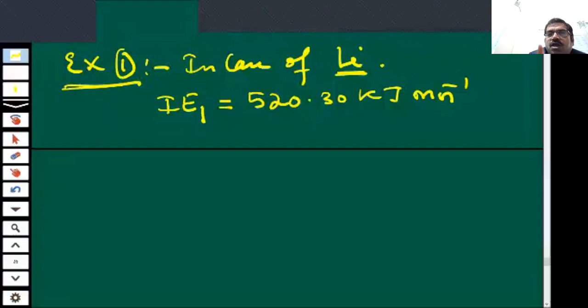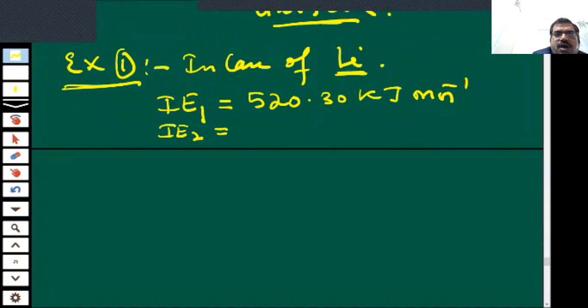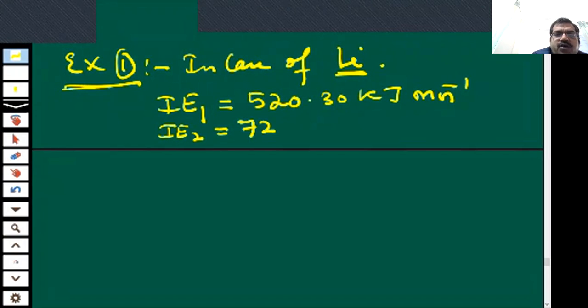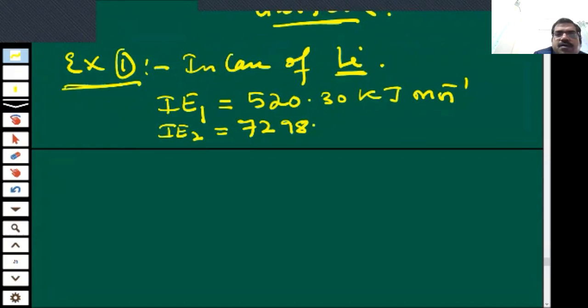IE1 means in lithium you are removing the first electron. And what is the value of IE2? IE2 value is 7298.10 kilojoule per mole.